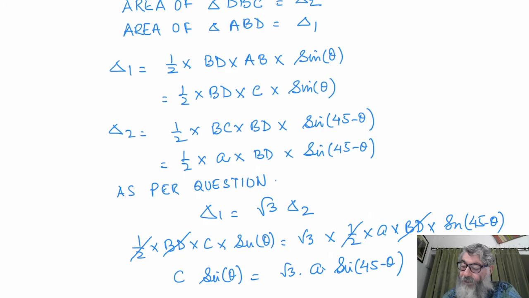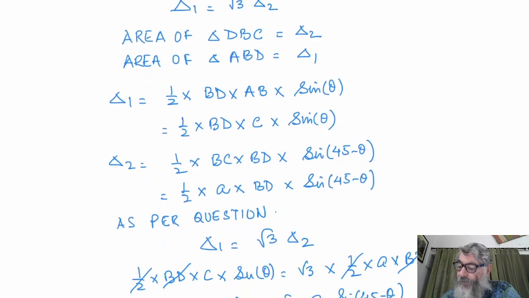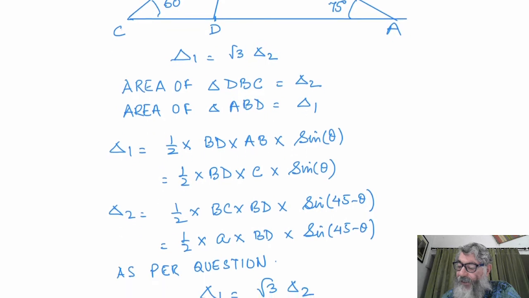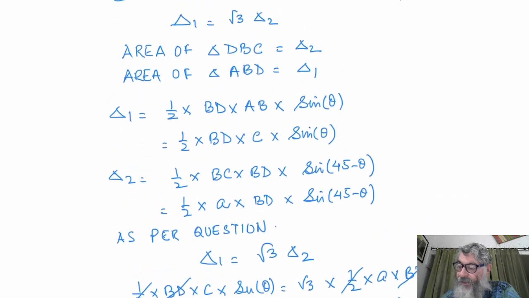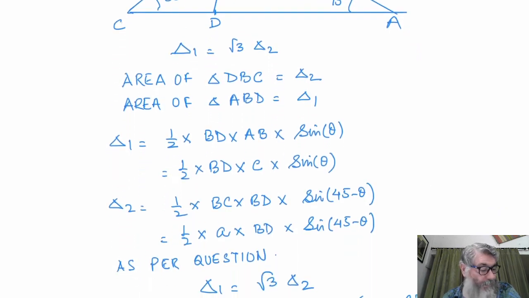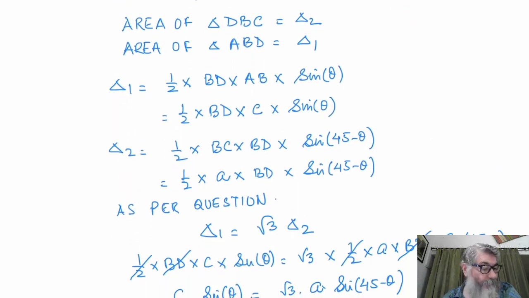Now what is C? If I apply the sine law, side C will be K sine C, and side A will be K sine A. So C sine theta equals root 3 K sine A sine 45 minus theta. K will obviously cancel.